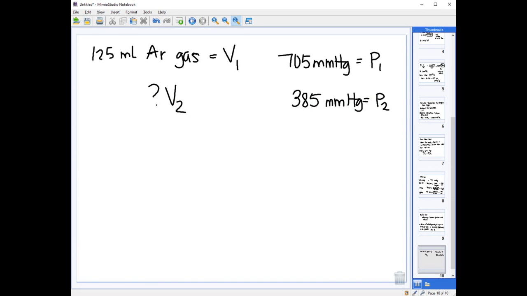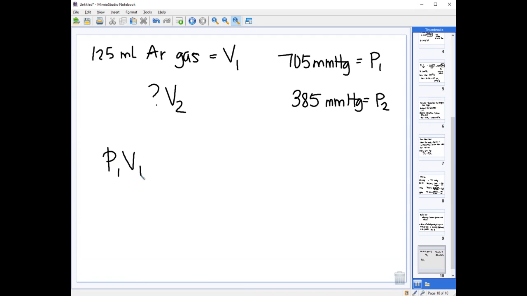That's okay, because they're both in millimeters of mercury. If they weren't, then we would have to do a conversion and get both in the same unit. So if one was atmospheres and one was millimeters of mercury, we would have to pick which one we are going to go with, and then just do a conversion. So it doesn't matter what units you have for these Boyle's Law problems as long as they're the same.